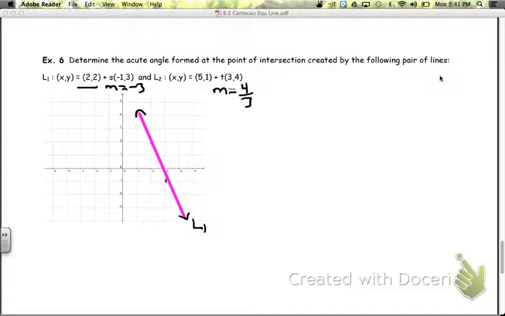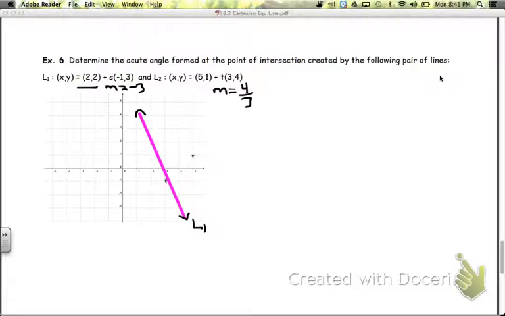And then our line 2, our point is 5, 1, so over 5, up 1, and our slope is up 4/3. What I'm actually going to do is try to get to the point before. So I'm going to go down 4 and left 3 because I know it's a positive slope.